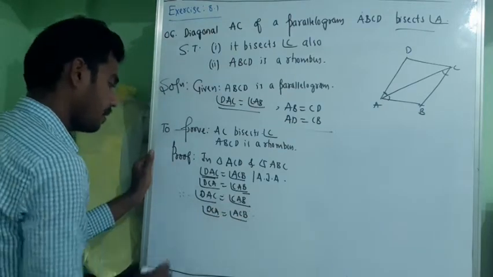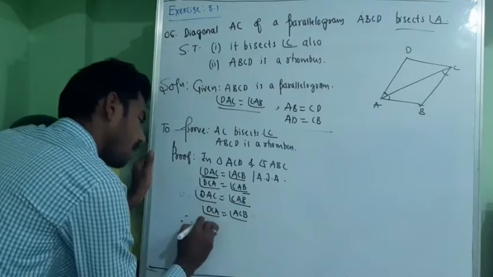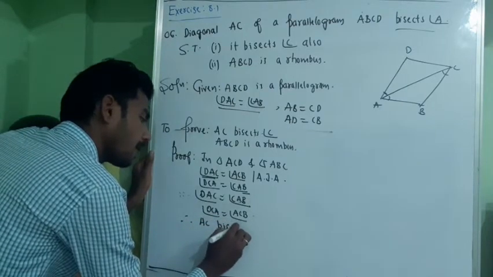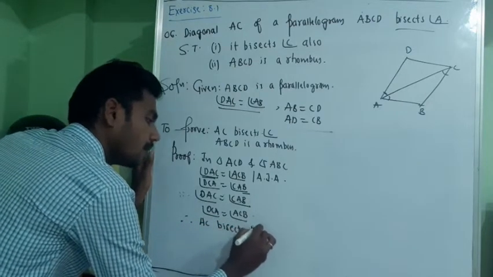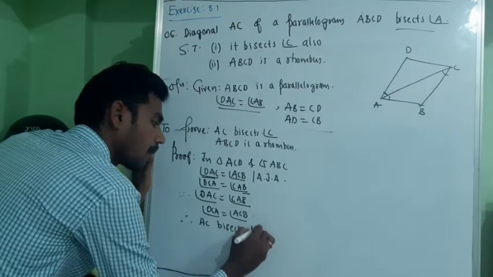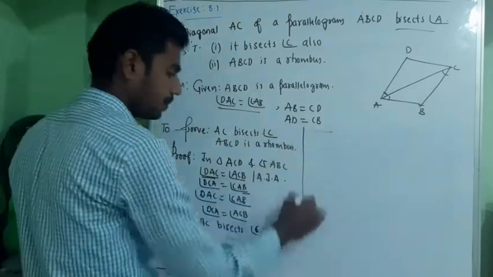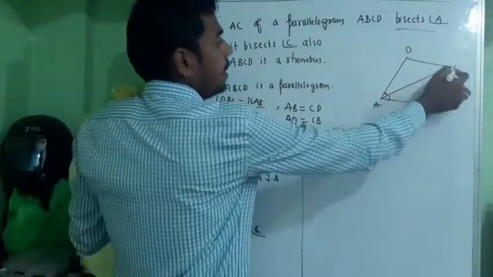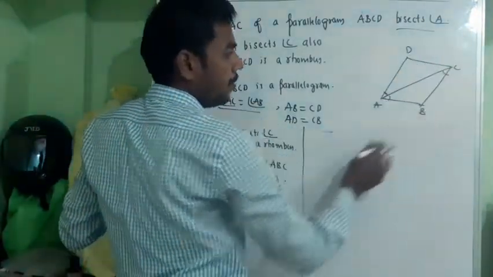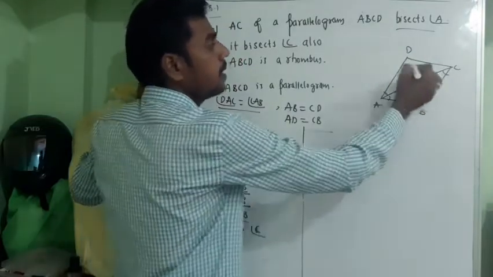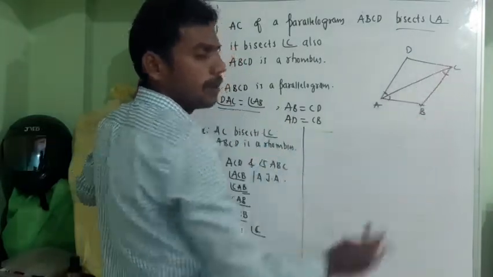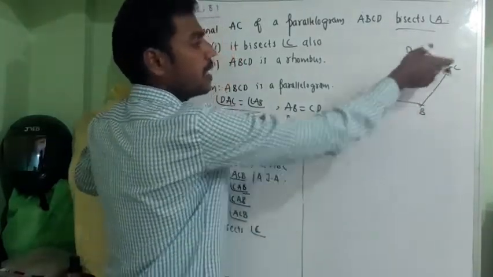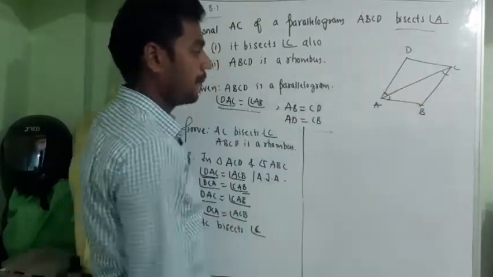So what we can write, therefore, is AC bisects angle C. If ACD is equal to ACB, we are able to prove that. That is the reason: if those two angles are equal, it means AC bisects angle C. Next.